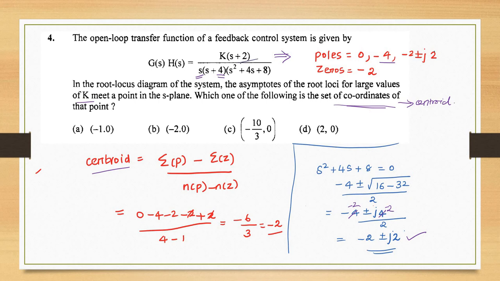How many zeros? Only one zero, at minus 2. Next I apply these values in the equation to get the centroid.